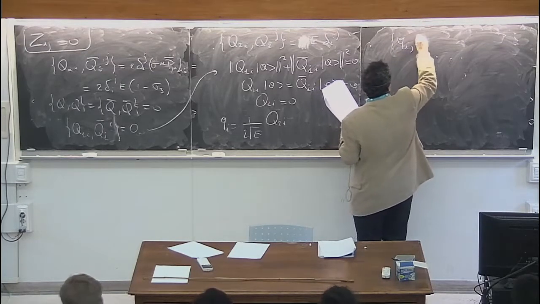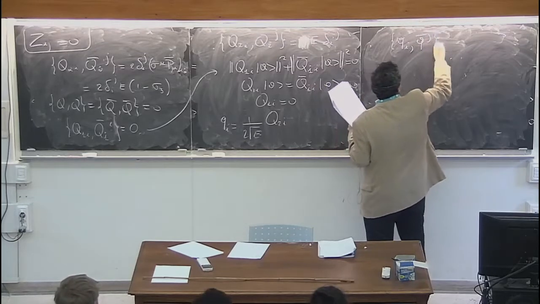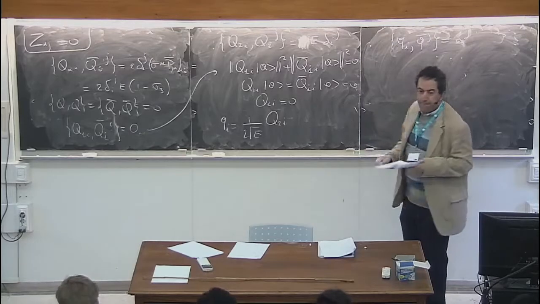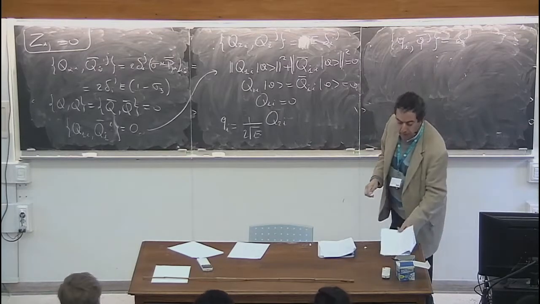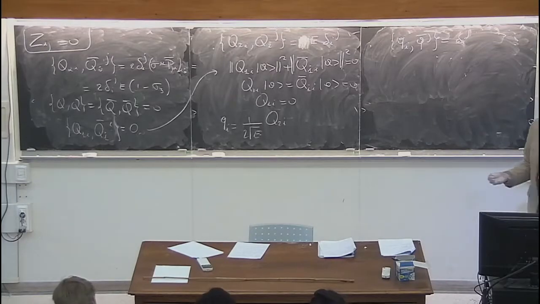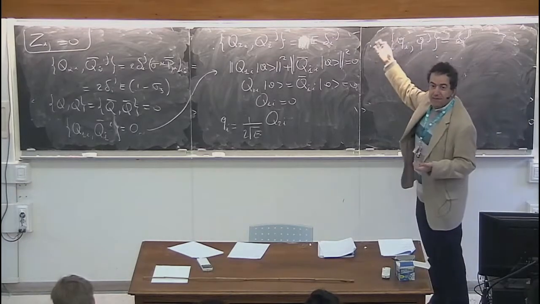Qi, Q bar j, that's equal to delta ij. So in S naught, in our reference frame, supersymmetry algebra simplifies. It can be written in this form here.